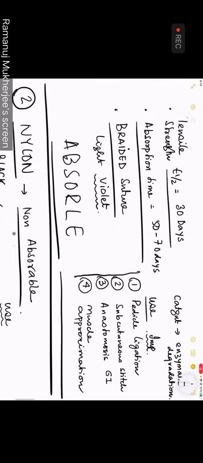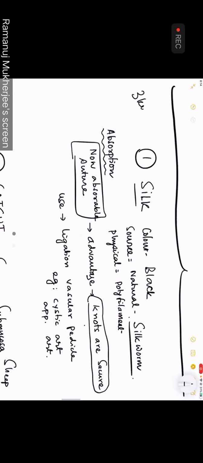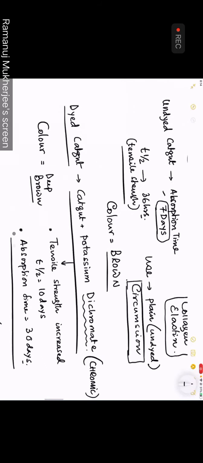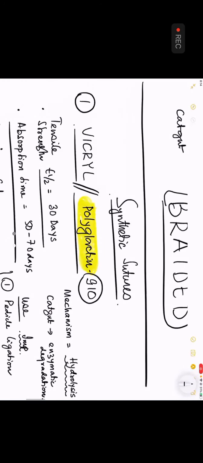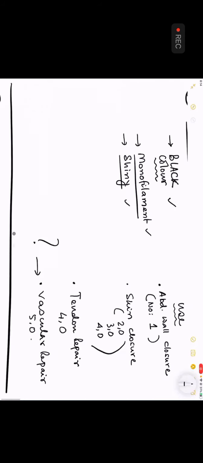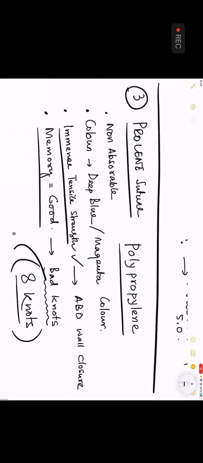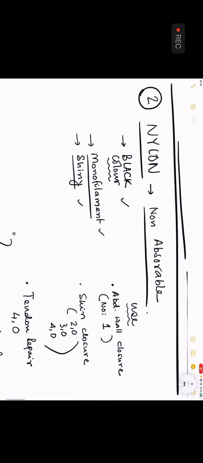All the knots that you have seen before, silk, I give 3 knots. Catgut, 3 knots. Vicryl, 4 knots. 3 could be enough. But Prolene, 8 knots. Always. Nylon suture also 3 knots.